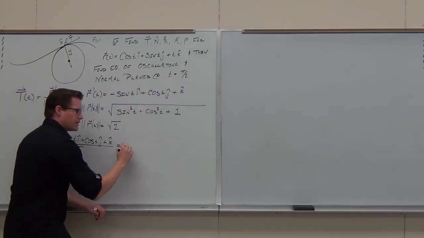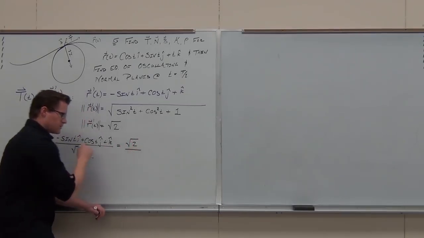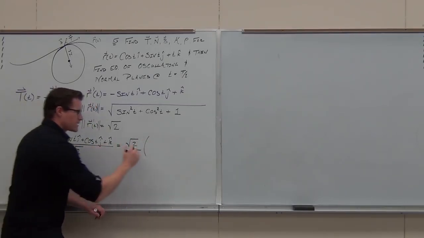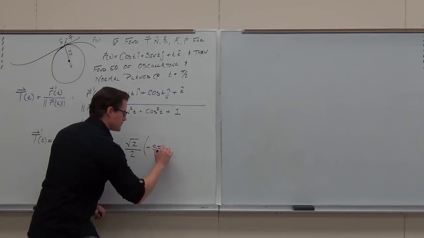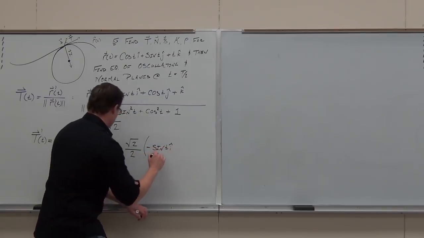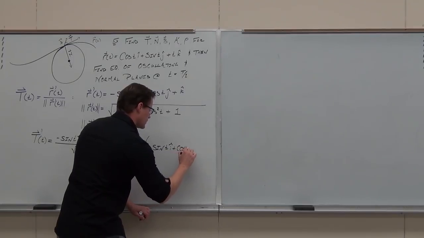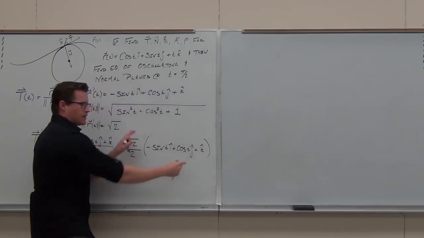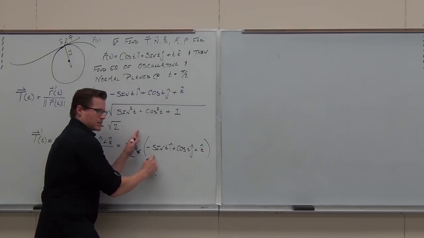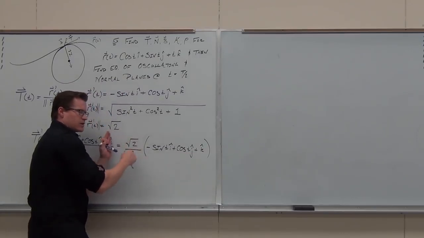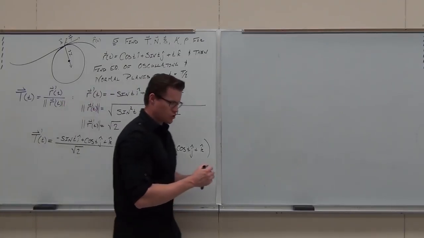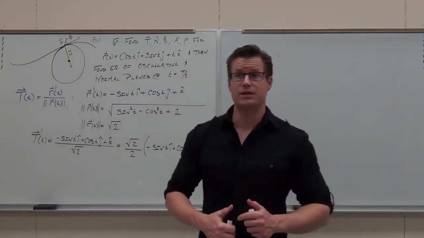What we do is we pull that rationalized denominator, square root 2 over 2, times this. This is the tangent vector. That's all it is. This is what shortens it or lengthens it to make it the unit tangent vector. In this case, it shortens it.